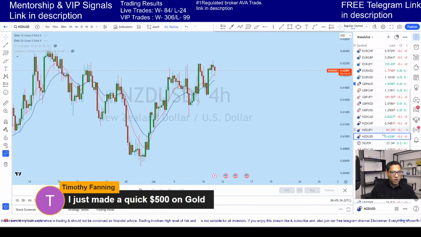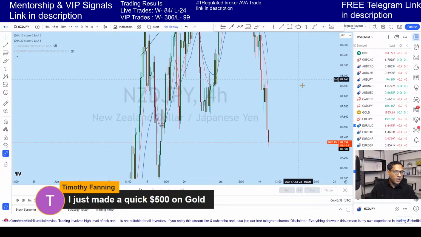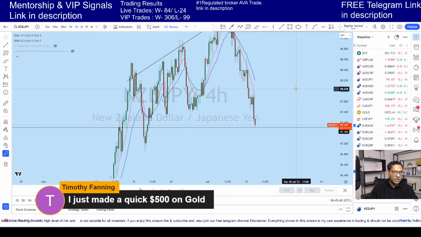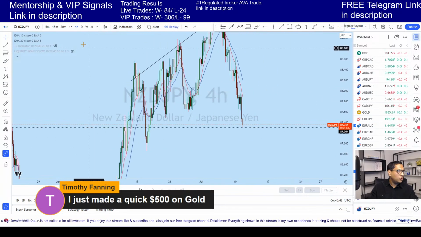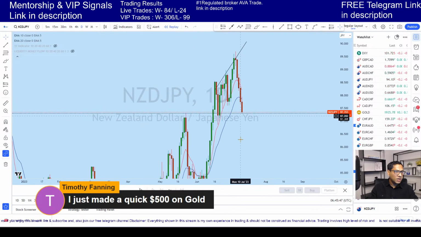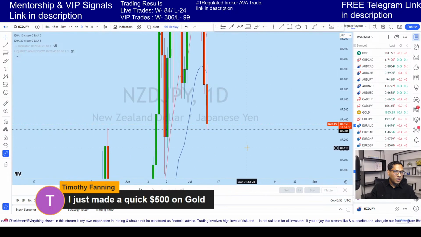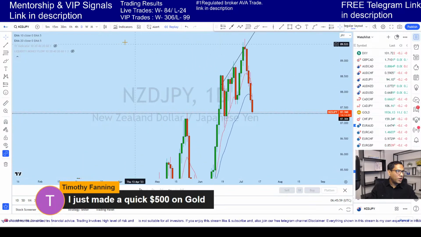NZD JPY is in a long-term bull market. I think this market might turn bullish anytime. If you look at the daily, you can see the market is below the daily 20 EMA. I think anytime we could see NZDJPY pushing high again, going towards its long-term uptrend direction.